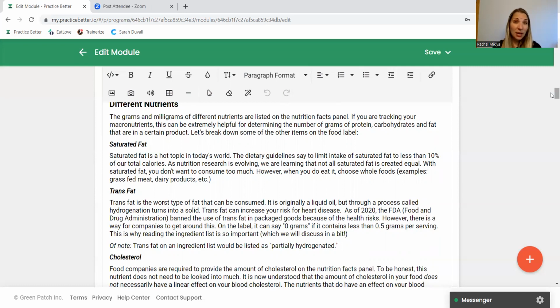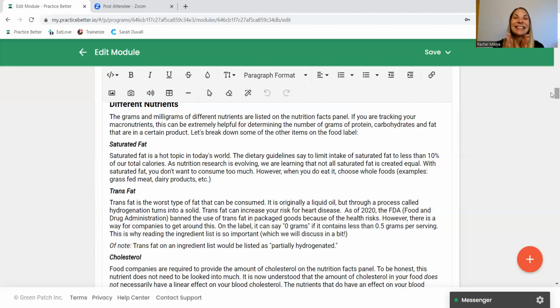Trans fat is a different type of nutrient, and this actually has now been banned in the United States, but there is a way for companies to work around it by putting it within the ingredients.